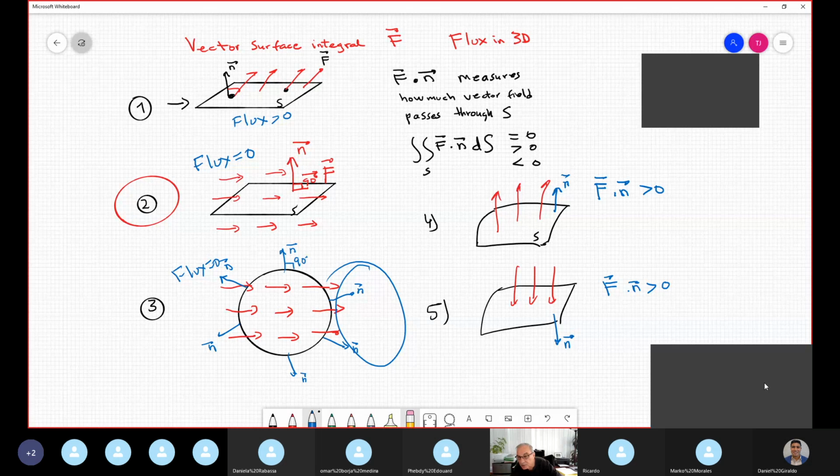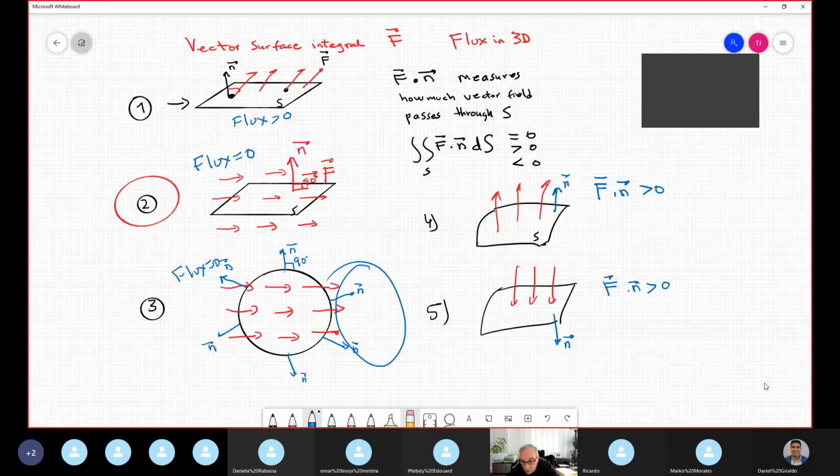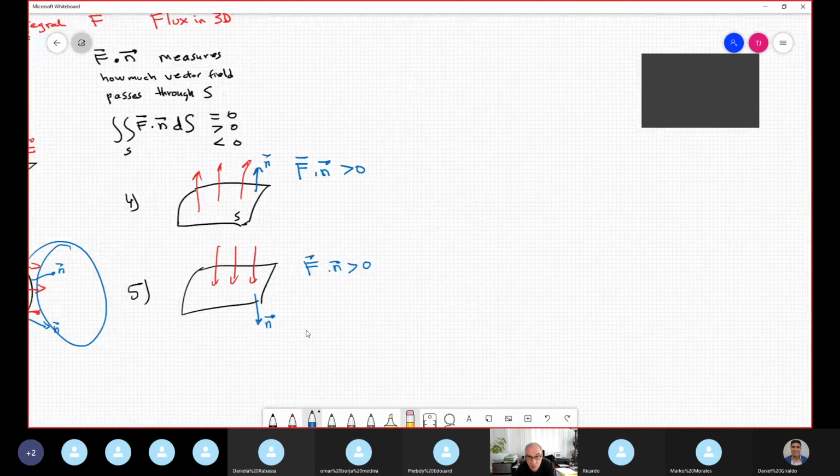I think F dot n cosine theta. Pero the interpretation, Gerardo, the interpretation. When you have a dot product, you have one vector like that, A, and one vector like that, B. A dot product B. ¿Es positive, es negative o es 0?